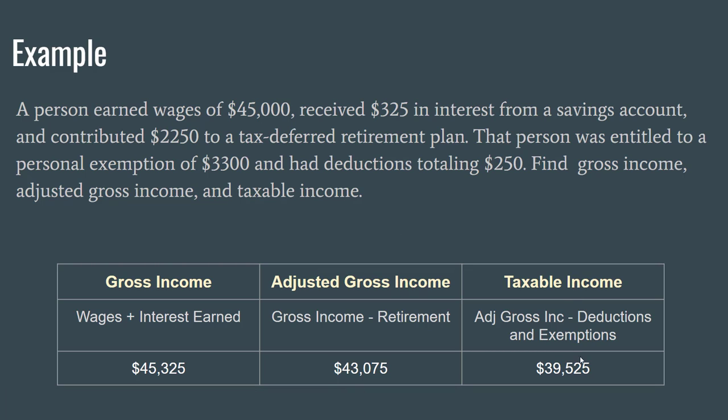And for taxable income, that is when we take adjusted gross income and subtract deductions and exemptions. So subtracting the $3,300 and subtracting the $250 from adjusted gross income gives us this value, $39,525, and that would be the teacher's taxable income.